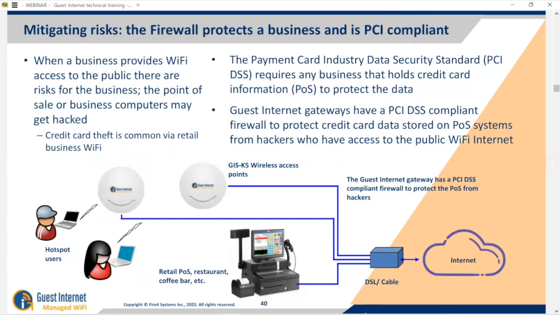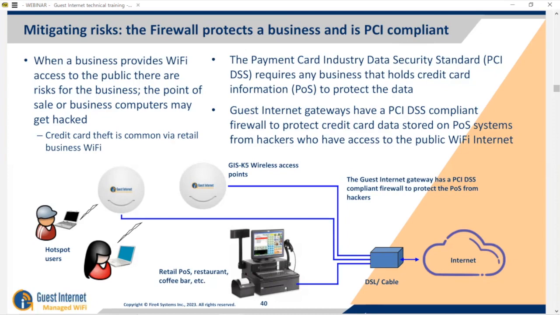Now, there are risks that businesses face when offering a Wi-Fi internet service. And one of the most important is the risk of somebody using the Wi-Fi service to access the business computers, or worse still, the business point of sale. And guest internet has a very powerful firewall which blocks this access. This is a requirement for any business that does have a point of sale.